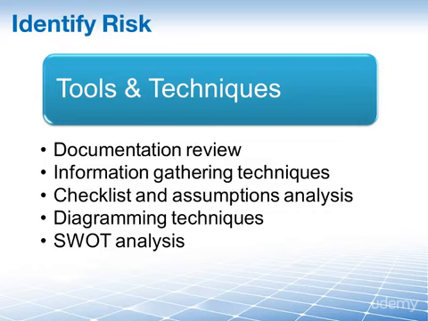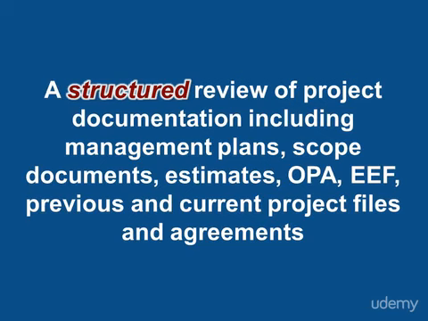And as always, we will rely on our experts, both internal and external, throughout the process. So much for our high-level overview of the 6 tools and techniques. Let's now jump into a detailed review for each, beginning with the documentation review, because the vast majority of our inputs are all documents, historical and current, internal and external.